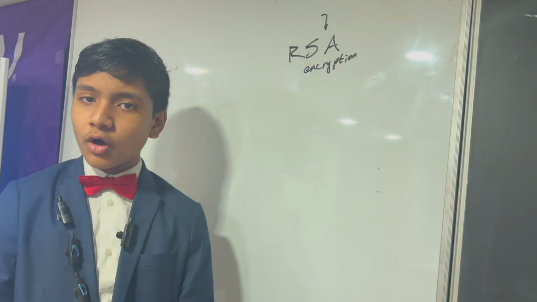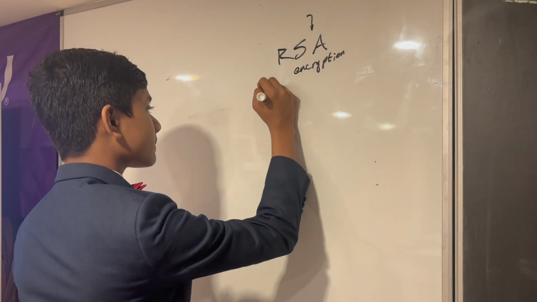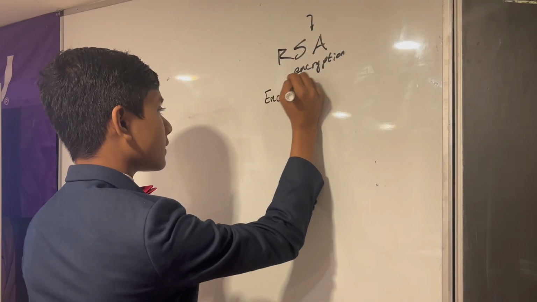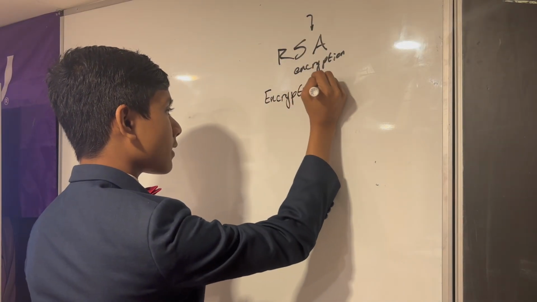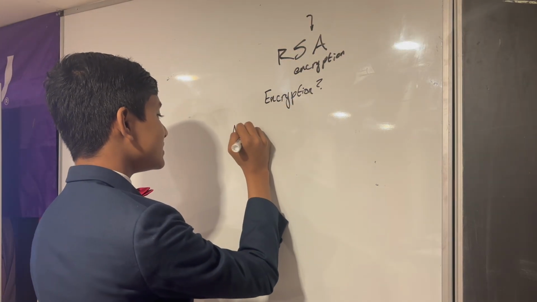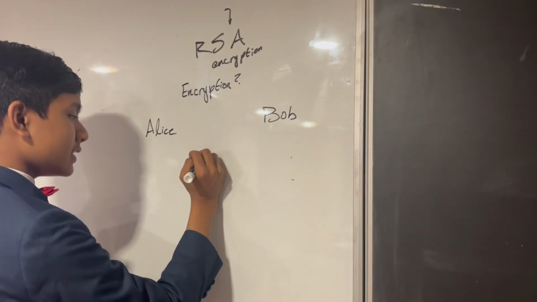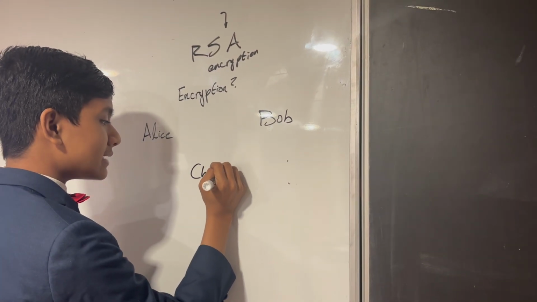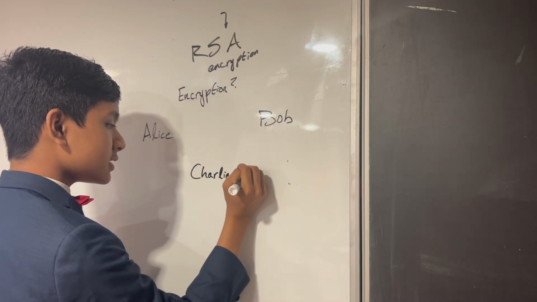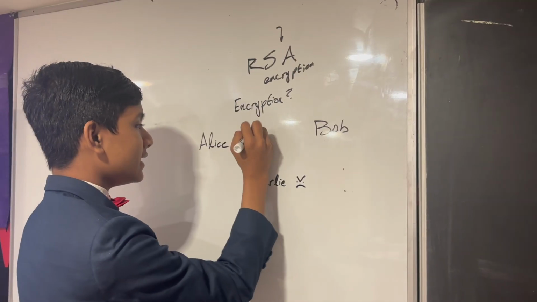Okay, yeah, that's better. Okay, so first of all, how do you encrypt something? How does it work? Well, let's say Alice wants to send a message to Bob, but Charlie has his own nefarious reasons for looking into the message exchange.